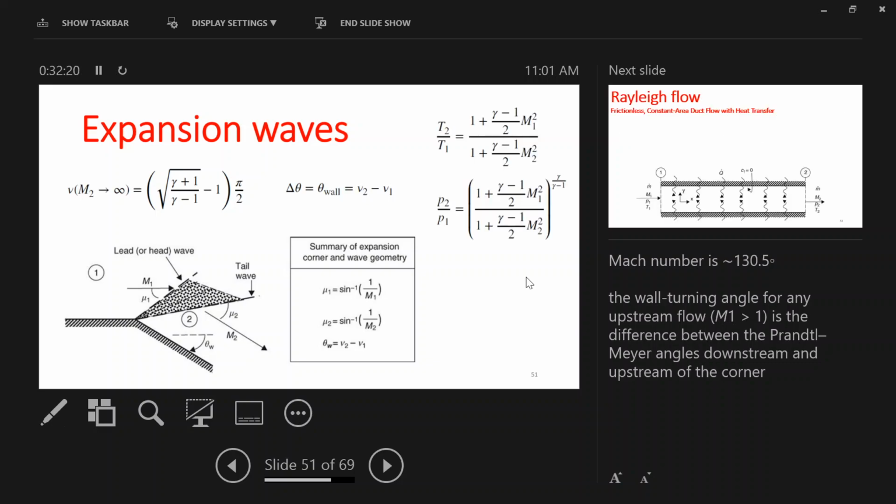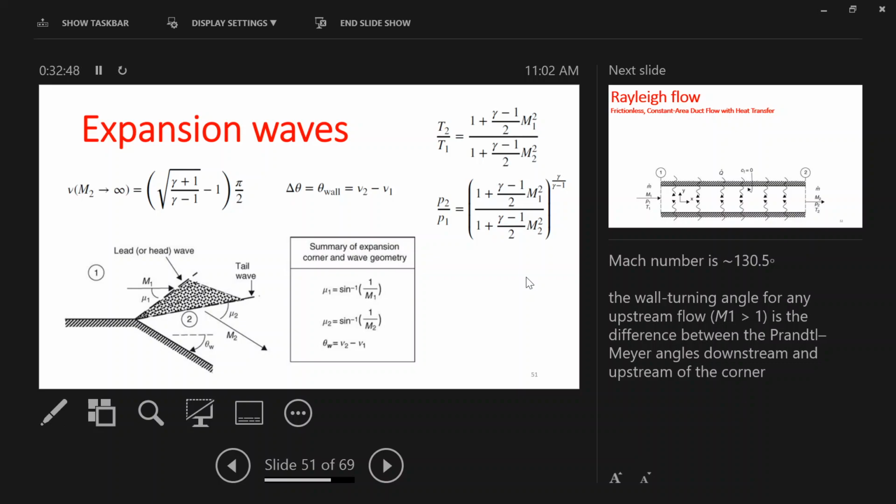So for this specific case, where you have to calculate the nu 2 and nu 1 for the downstream and upstream condition, your temperature ratio is going to be equal to what you have over there: T2 over T1 equals (1 plus (gamma minus 1) over 2 times M1 squared) over (1 plus (gamma minus 1) over 2 times M2 squared).